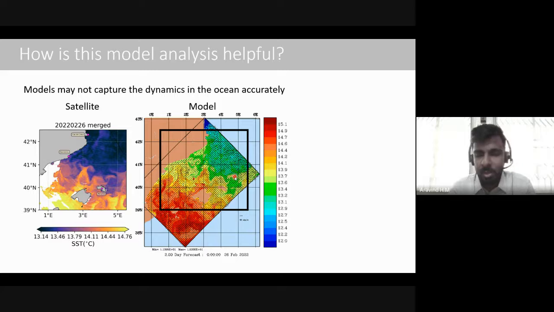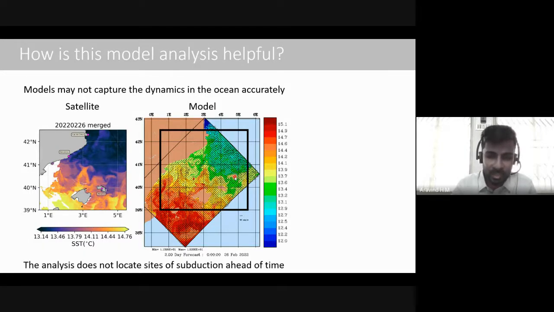But the problem is, at the end of the day, this is still a model. Things can go wrong. It definitely cannot accurately capture the real conditions in the ocean. So there will always be some sources of error which we need to account for. And the other thing is, doing such an analysis also will not allow us to locate sites of subduction ahead of time.